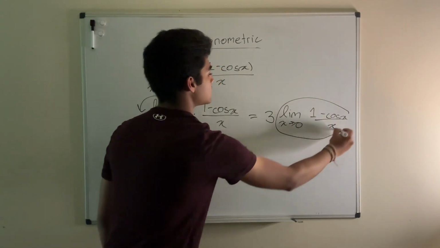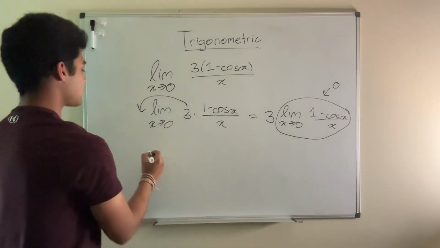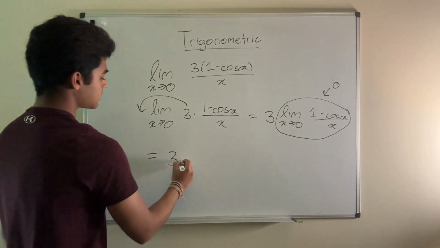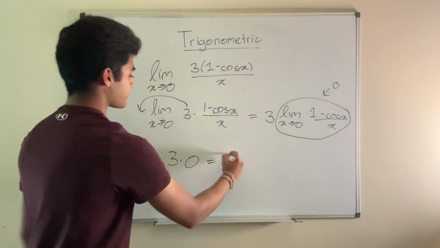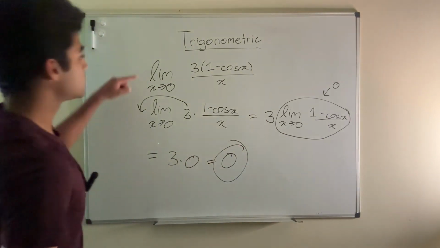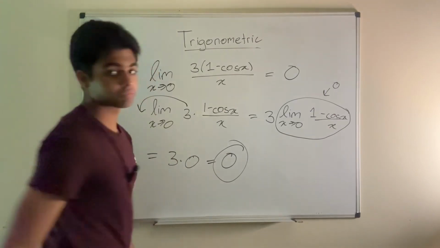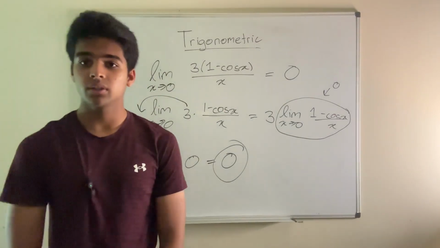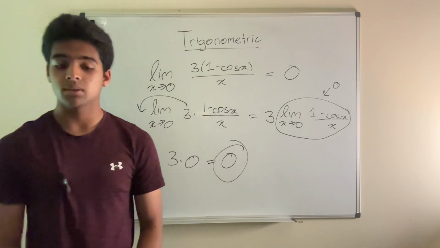And we found that this is just 0 as in the graph. So now we know that this is just 3 times 0, which is just 0. So this is your answer to this limit right here. This equals 0. And that's basically all you need to know for the trigonometric functions. Just make sure you have these two main limits memorized.